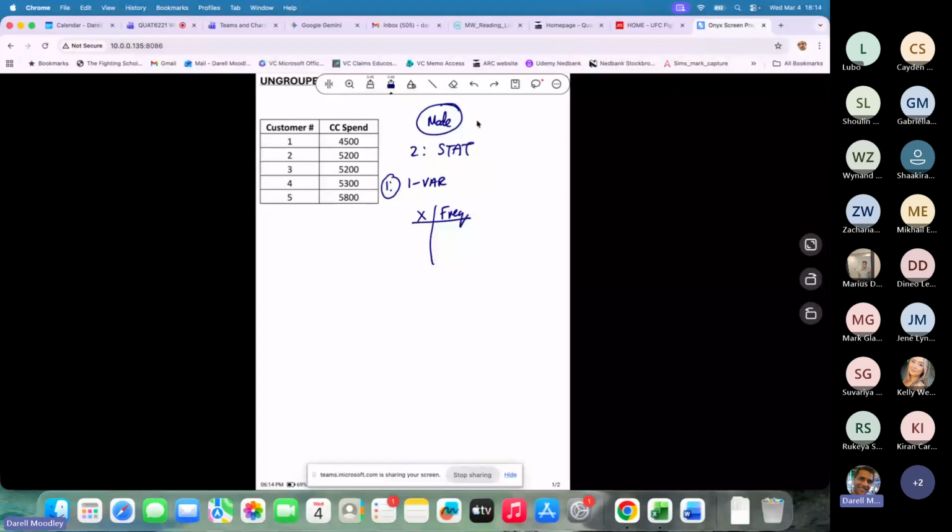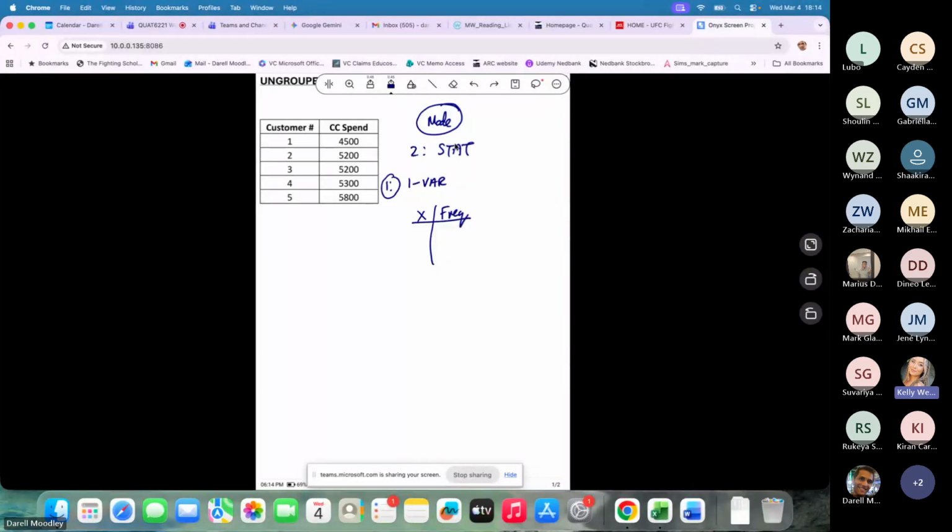That's what we're doing now. So press on in your calculator, press mode, and then choose stat, option 2. Are you with me so far? Yes, thank you. And then do you see an option that says 1-variable?